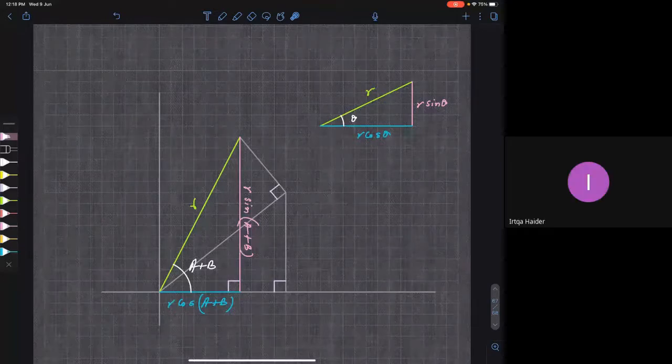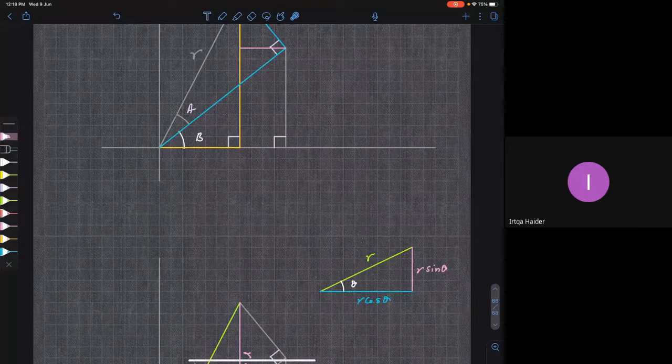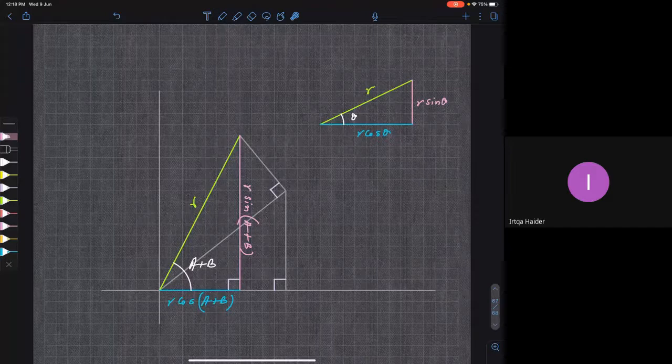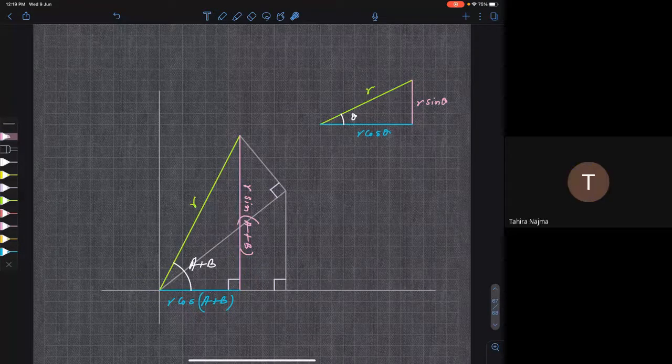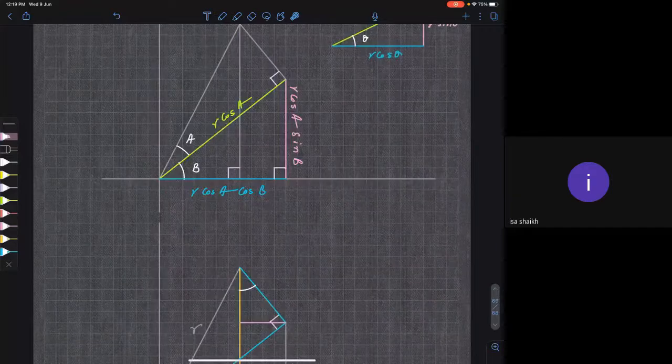Now the problem is, I need this small side and this big side to find the values of sin(A+B) and cos(A+B). Do you agree? But the problem is I don't have this side.